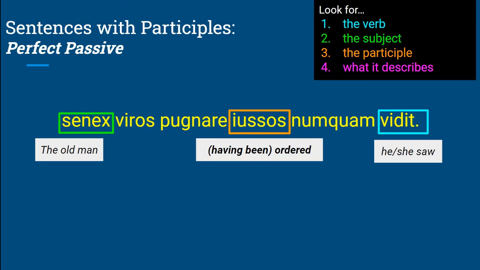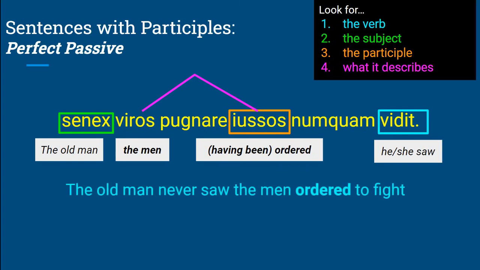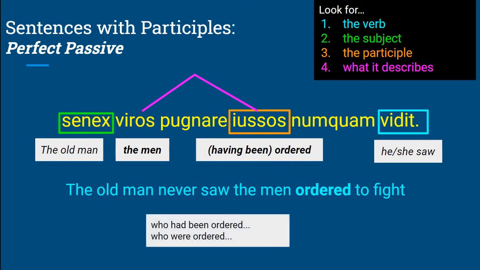That can only possibly describe viros here, the men. So when we put that all together, we get, the old man never saw the men ordered to fight. Again, flexibility in translation is really important. So you could also say, the men who had been ordered to fight, or the men who were ordered to fight, if you felt that that was a better way of bringing across the Latin.